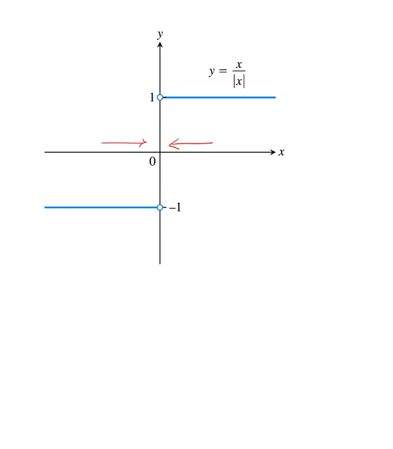So the way I will define this is, I will say lim y as x approaches 0, because x and y are the players. If they have s and t, you have to use s and t. Or if you had f of x and x, then it's f of x instead of y. So x approaches 0. As we approach 0 from the left, which means I'm going to bring a minus there, we see that that's going to give me a negative 1, because that's where the graph points to.